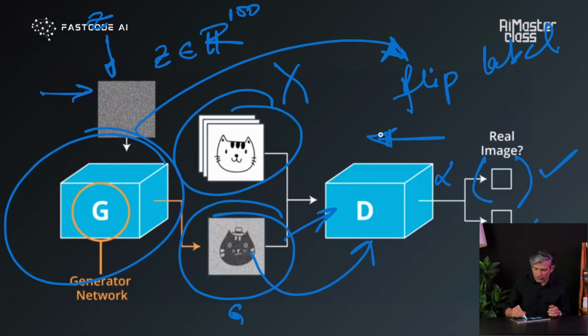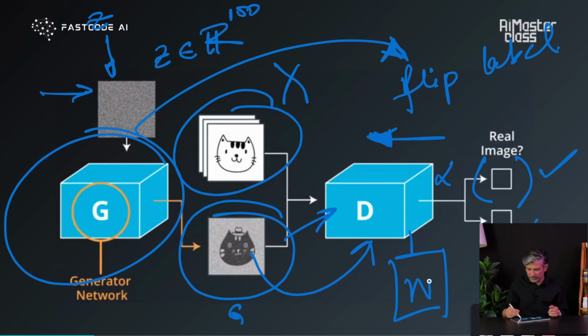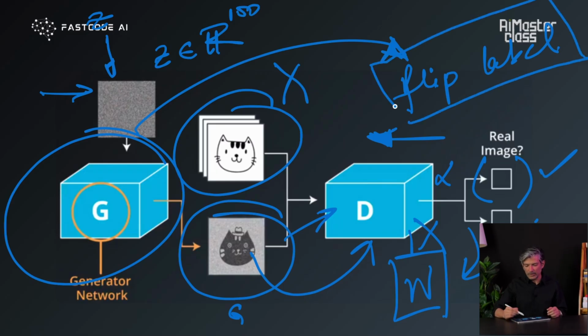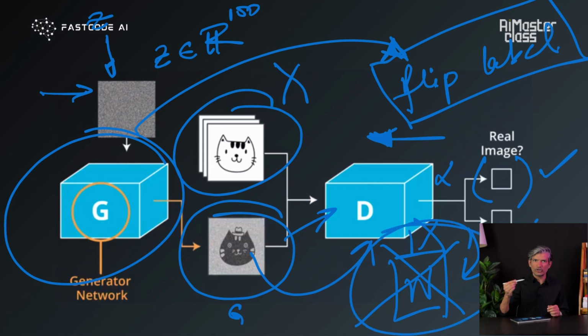So we back propagate the gradients, but we do not update the weights, right? While doing the backward pass of the discriminator using this flipped label, we do not update the weights of the discriminator, because that would be wrong; you would be teaching the discriminator something wrong. Instead, we just use the discriminator to do the chain rule.